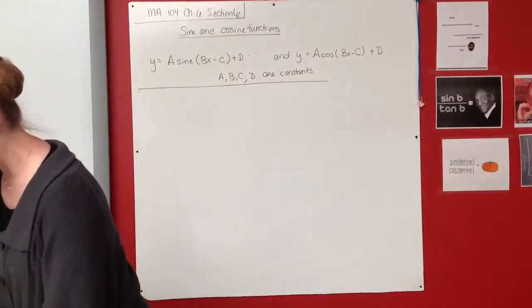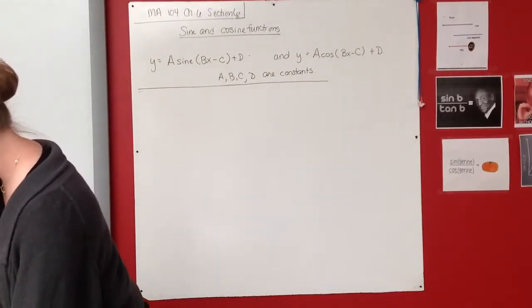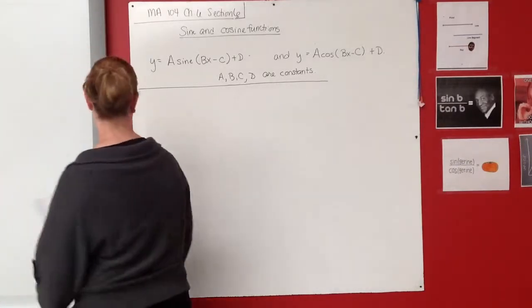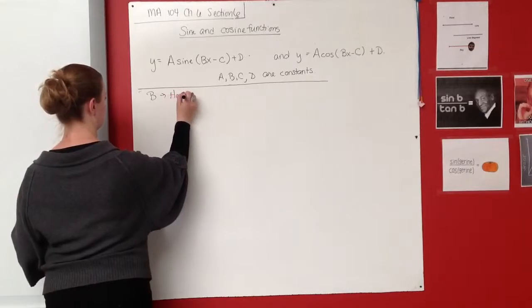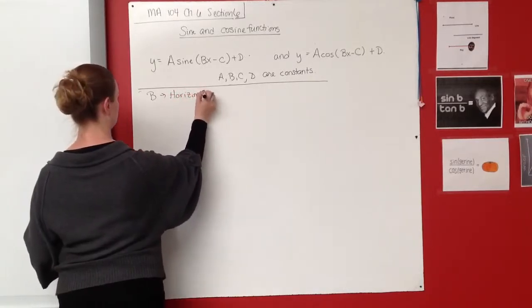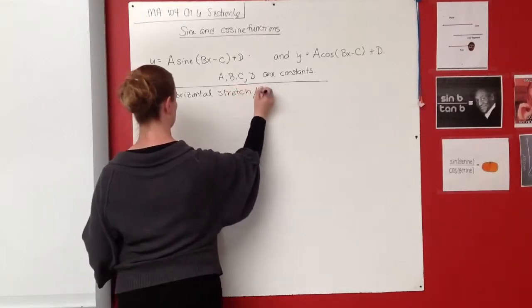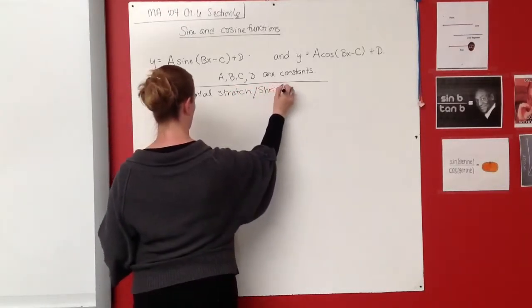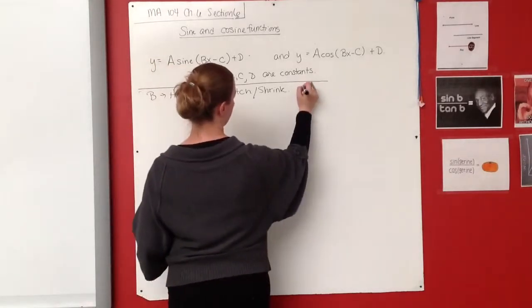Okay, so the constant b tells you what your horizontal stretching or shrinking is going to be. And this horizontal stretching or shrinking is called the period of the function.